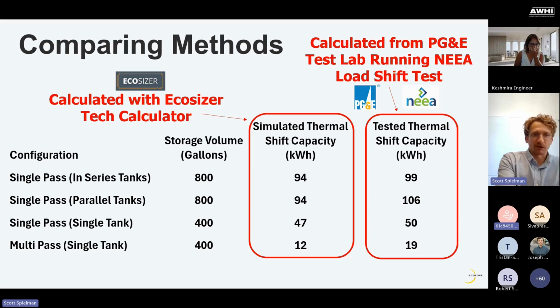And we said, okay, we're going to just compare if the thermal shift capacities look comparable. And they do. They're pretty close. They're all within 10%, or mostly within 10%. And I would say that that's a pretty good result for us.